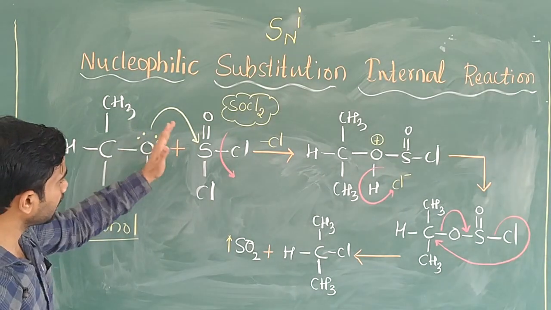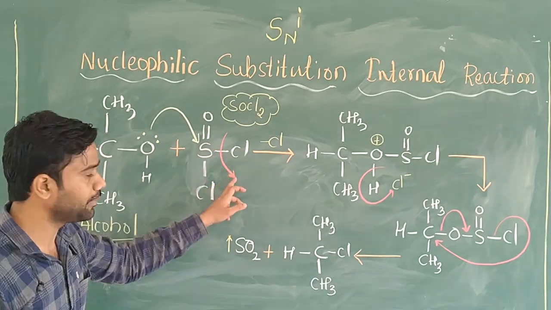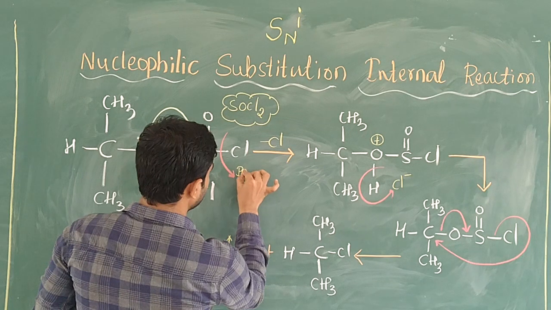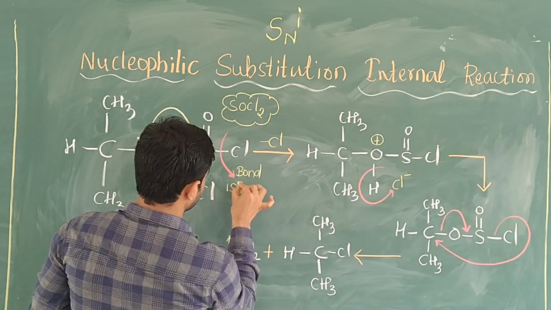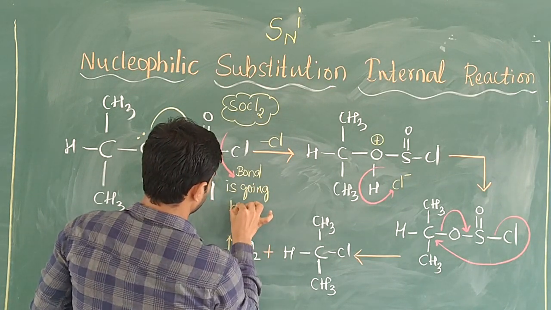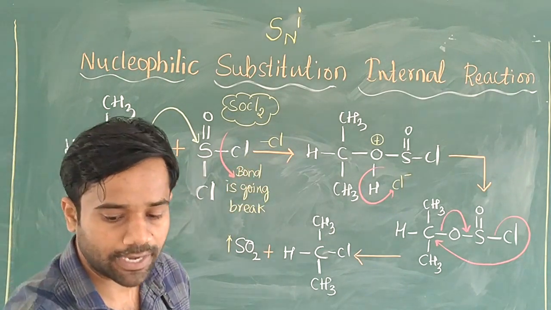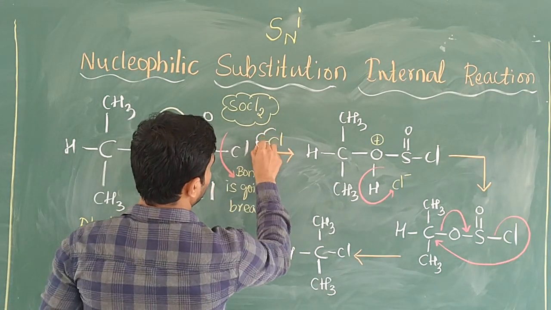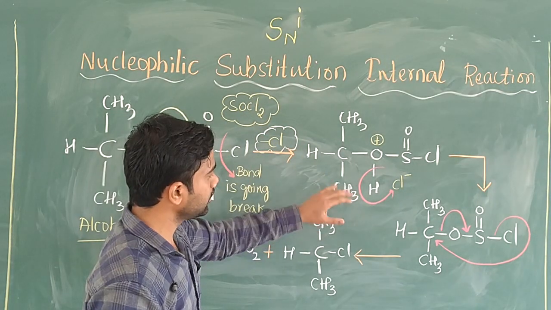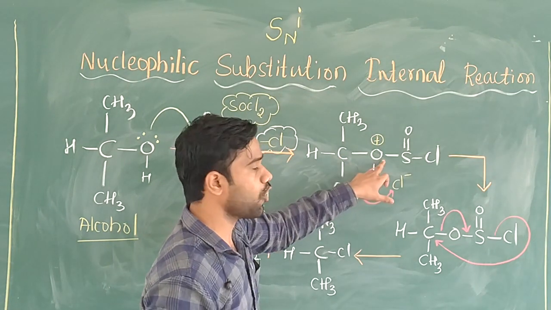After this lone pair attacks the low electron density sulfur, there is a breaking of the bond here. After the breaking of the bond, a chloride ion is generated. After the rearrangement, there is a formation of a positive charge on the oxygen.